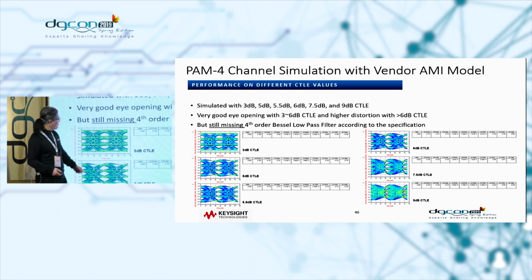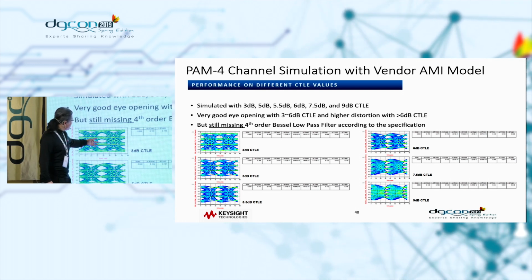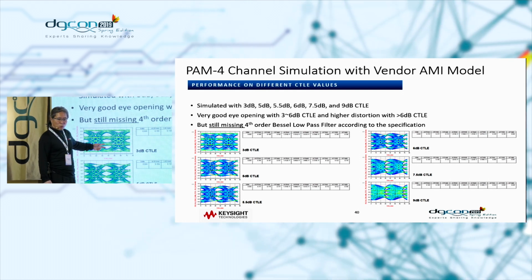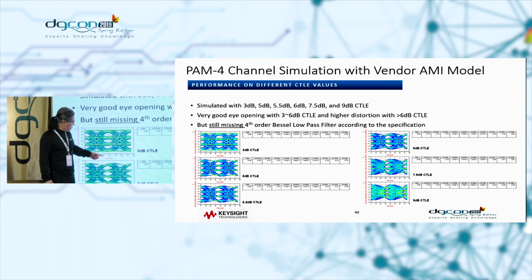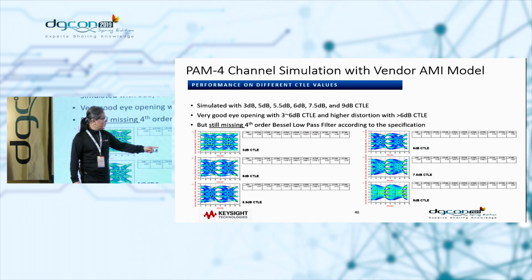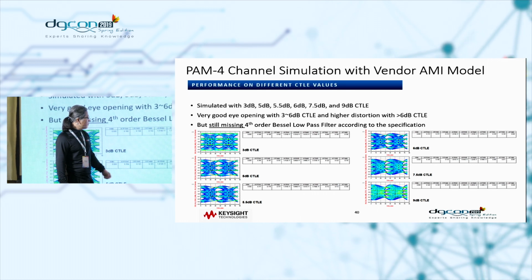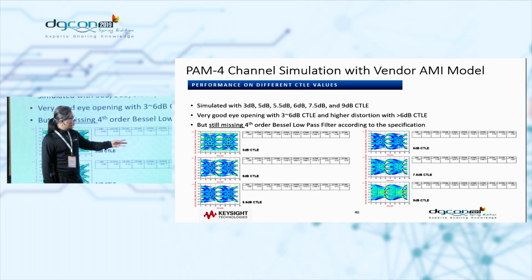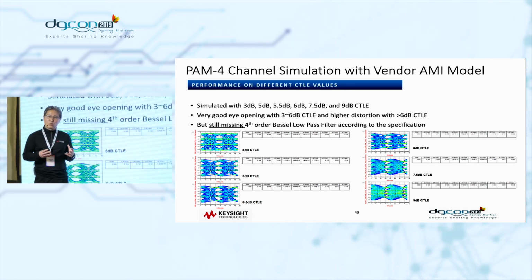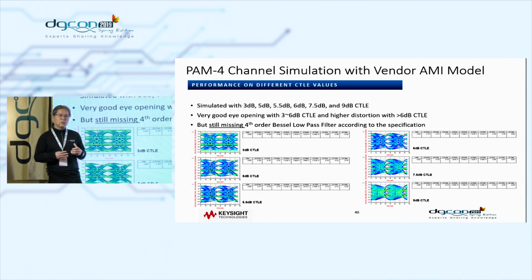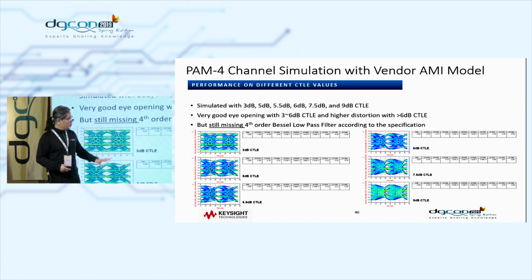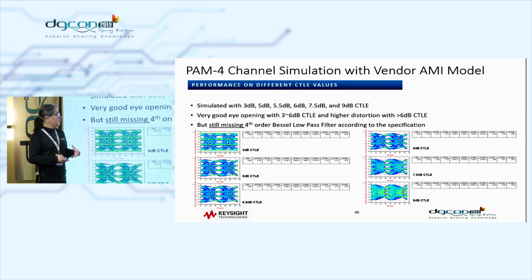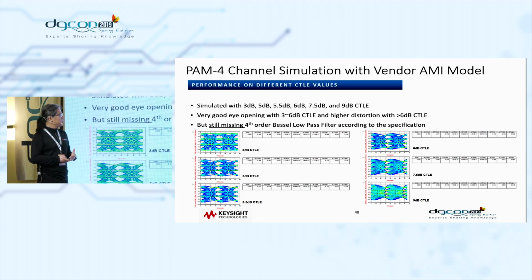With this, now you can see all different results with different values of the CTLE applied, right? So with the 3 dB CTLE, now I can see the eye data quite open and very clean. But if you increase the CTLE to 9 dB, you can start to see quite a distortion of the eye data because it's over equalized. So by doing it, you can see all the proper results applying different values of the CTLE.